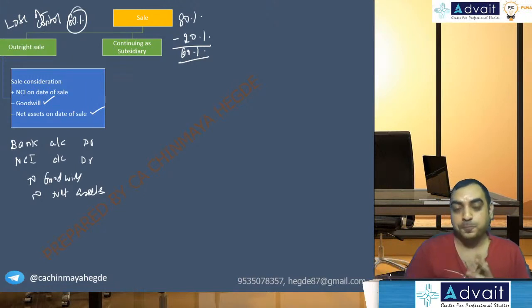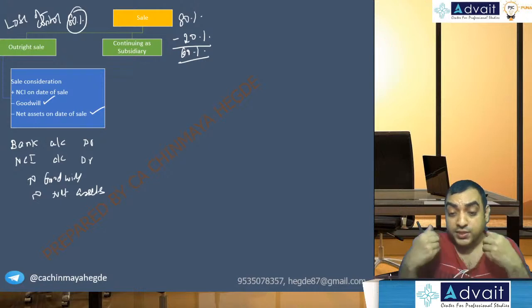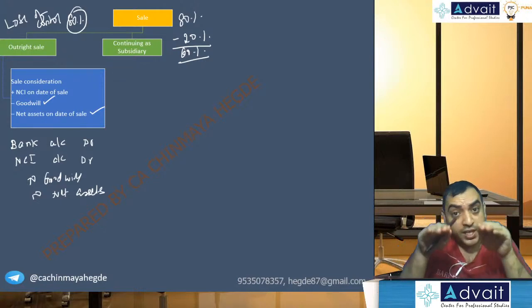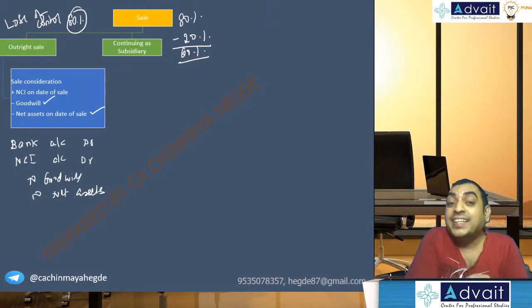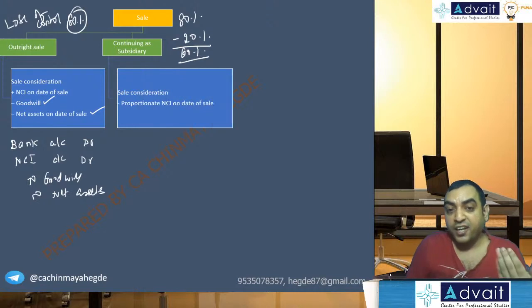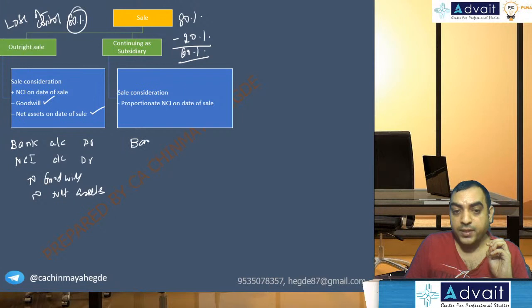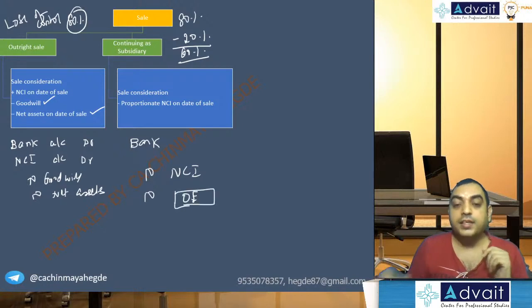But what will happen? When you sell, the holding company share will decrease, and the outsiders' NCI share will increase. That needs to be accounted for. Therefore, you are going to pass an entry: bank account debit to NCI, and the differential amount, profit or loss, is transferred to other equity, maybe reserves and surplus.